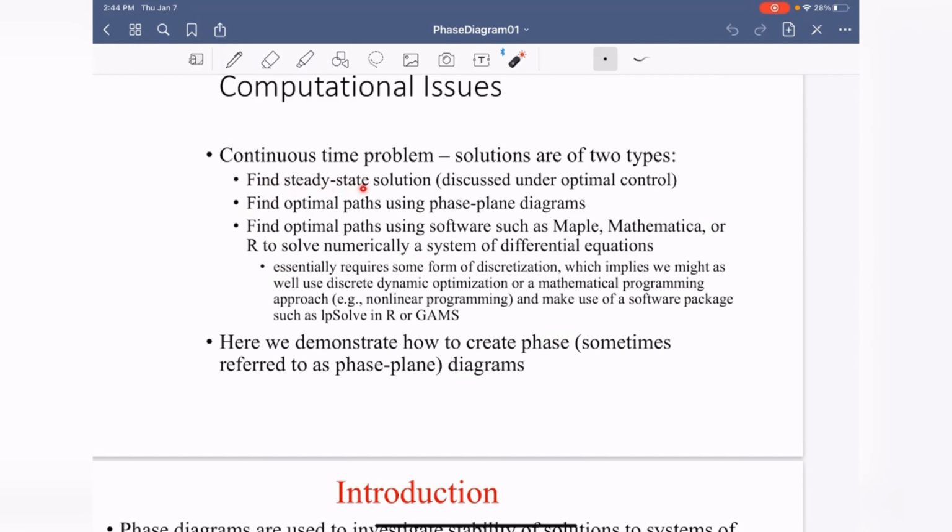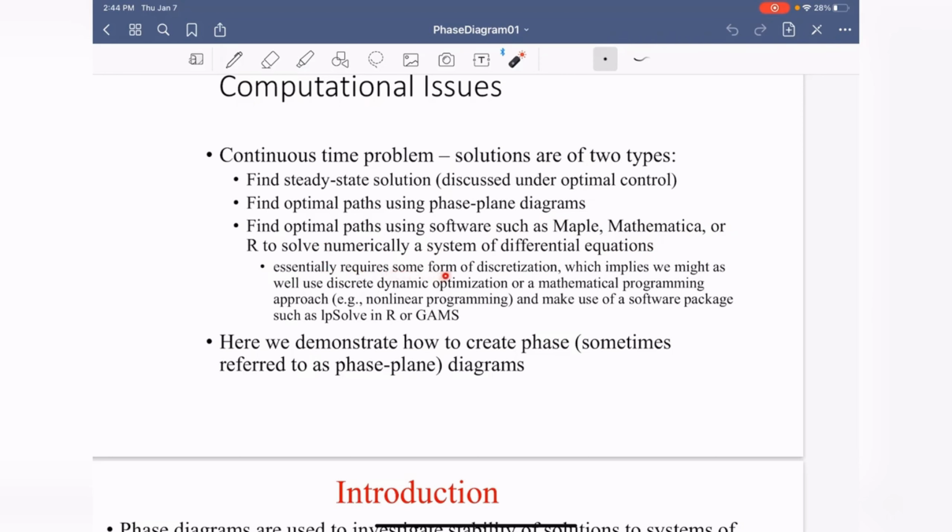We can find a steady state solution, which we discuss under our optimal control unit, or we can find optimal paths using phase plane diagrams, and we can find these optimal paths using software such as Maple, Mathematica, or even R to solve numerically a system of differential equations.